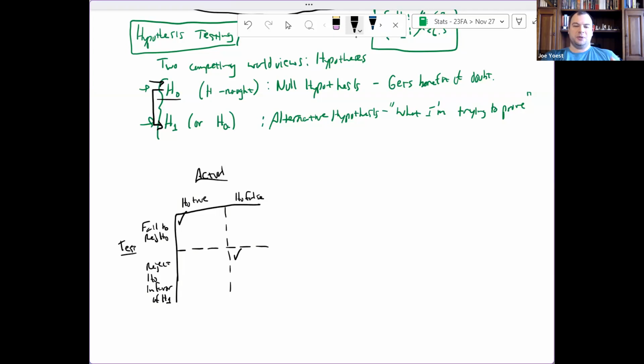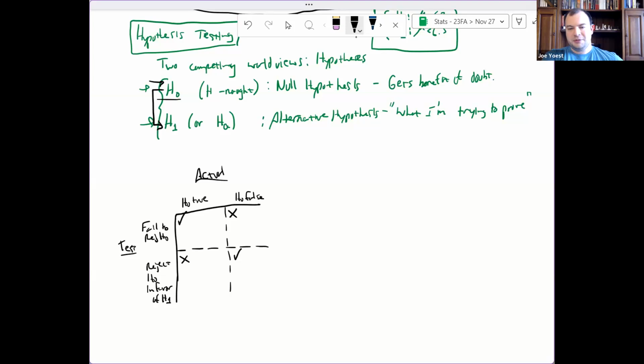A perfect test would only have results in these two quadrants, but of course, no test is going to be perfect. We could fail to reject the null that's actually false, that we would ideally want to reject. Or we could reject a null when that null is actually true, when we would not want to reject it if things worked out perfectly.